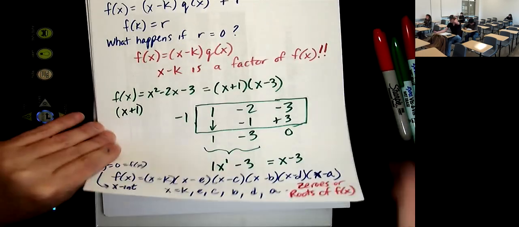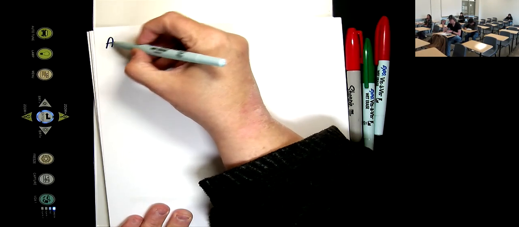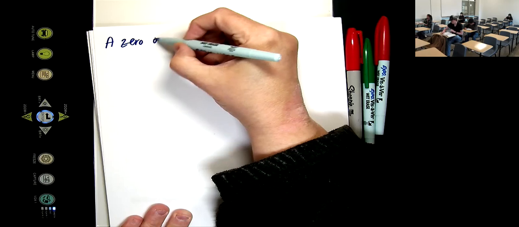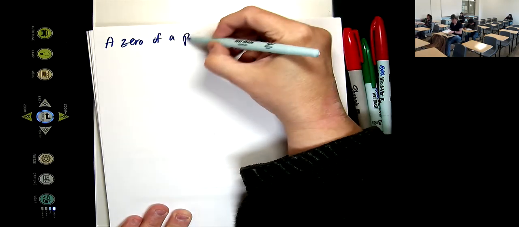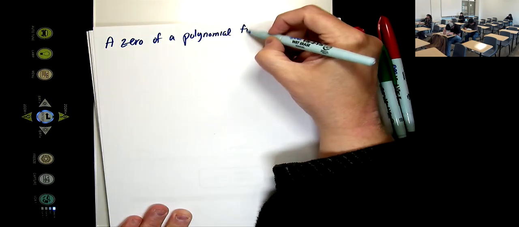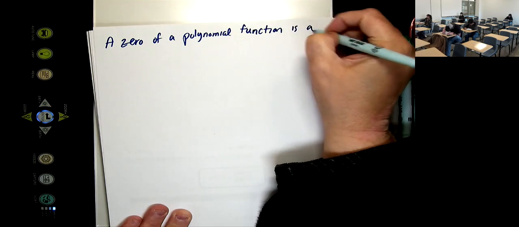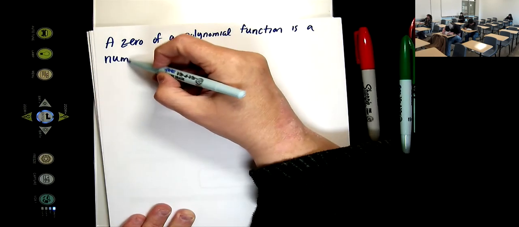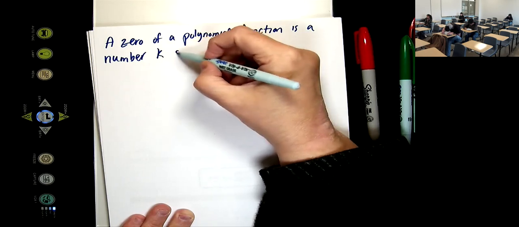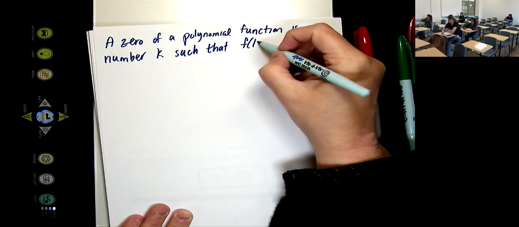Okay, so to put it in words, a zero of a polynomial function is a number k such that f of k equals 0.